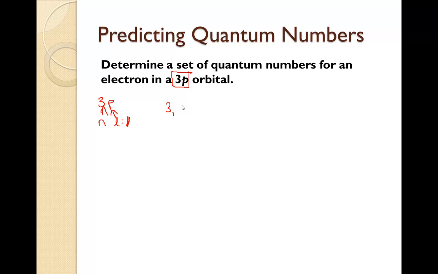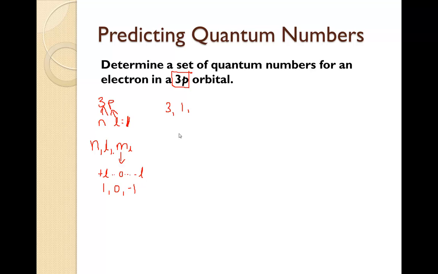So we have M sub L, which is going to be positive L to 0 to negative L. So from here we know that L is 1, so it's going to be 1, 0, negative 1. So there's 3 possible orbitals there. So we can say this one's 1.